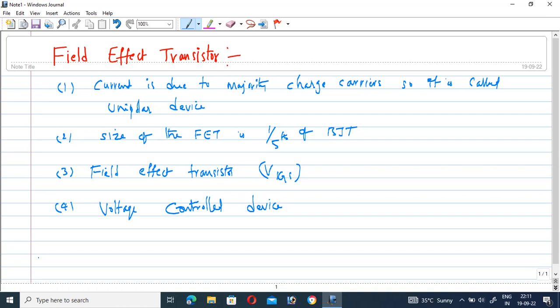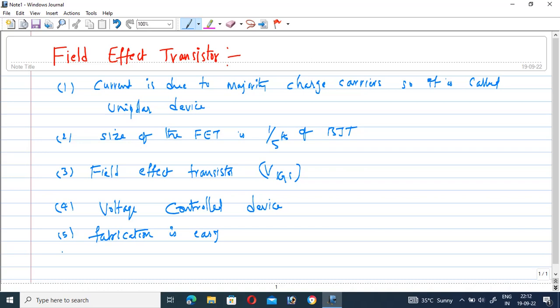These are some of the basic reasons why the field effect transistor is very famous compared to the bipolar junction transistor. The fabrication is also very easy, and the operation of the field effect transistor is also very simple compared to the bipolar junction transistor.